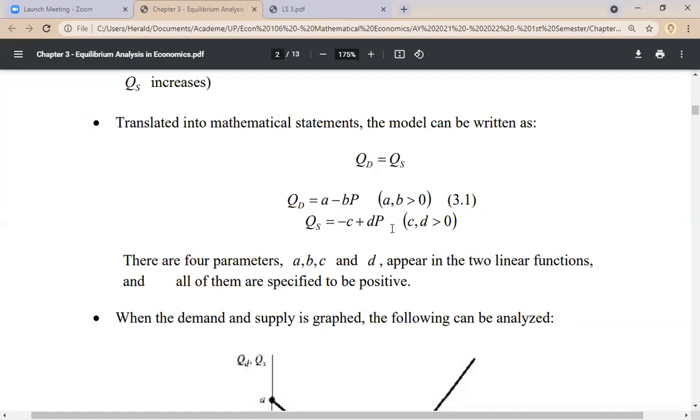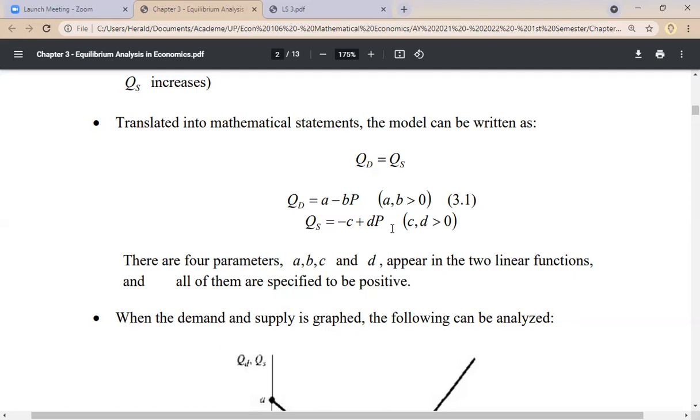Okay. We also have, when looking at the supply function, negative c. That would be the intercept of the supply curve. That tells us na of course producers would not sell anything if the price would be equal to 0. How much more if the price would be negative? So they wouldn't produce anything at all, it would not be economically feasible.